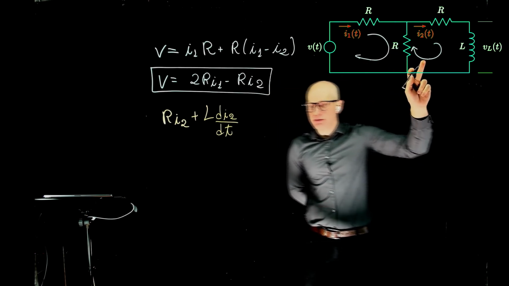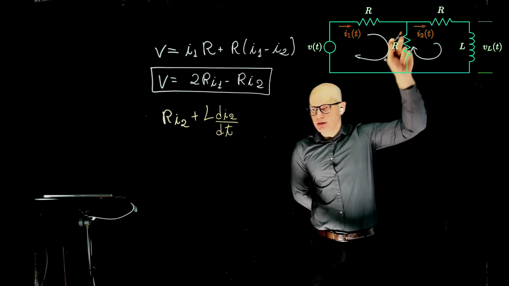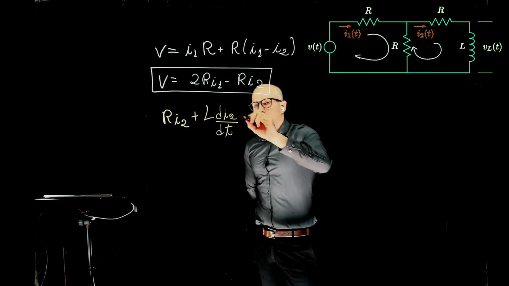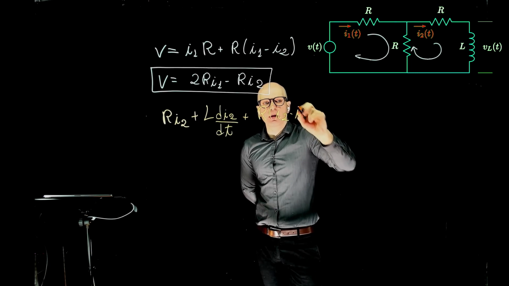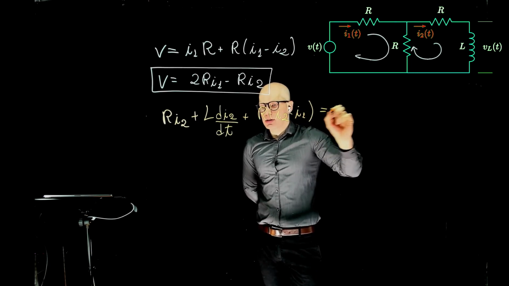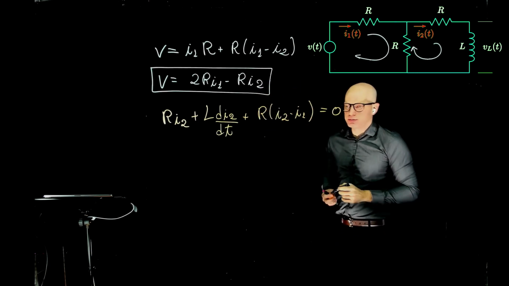Now, this is our reference, so going up here is positive, going down is negative. So plus R times I2 minus I1 this time. And this is equal to 0.